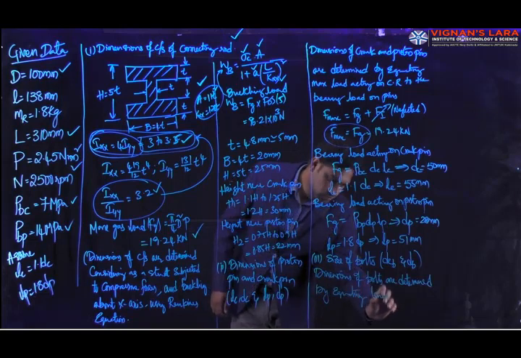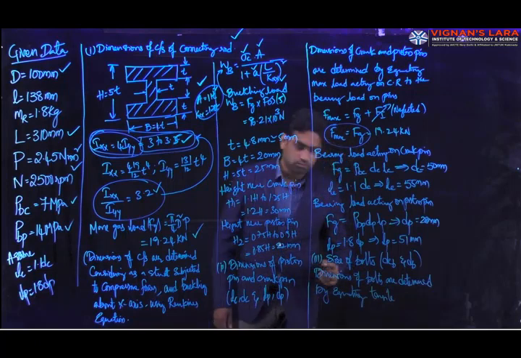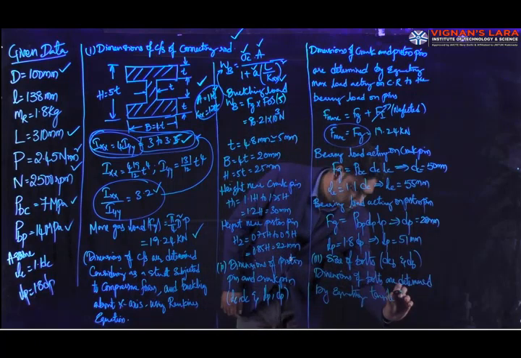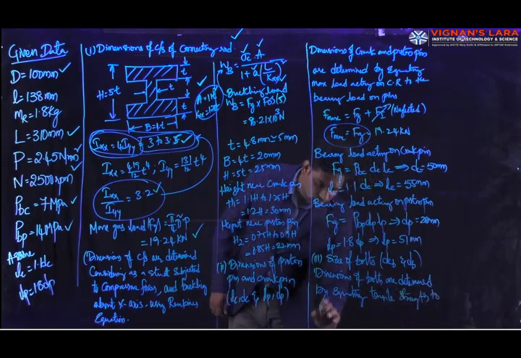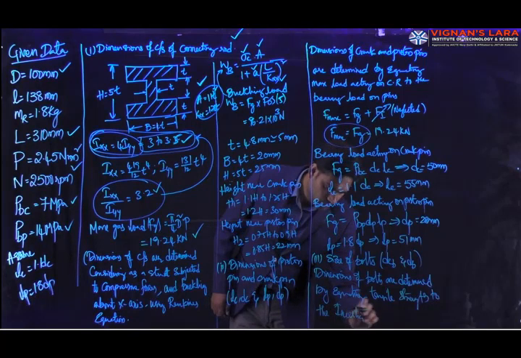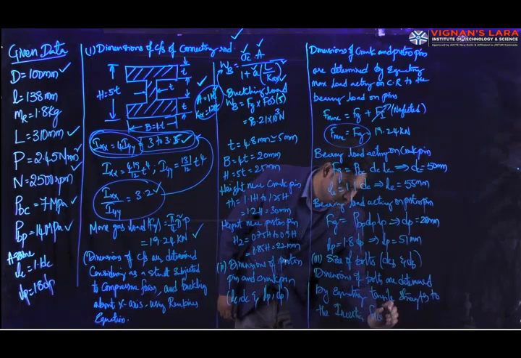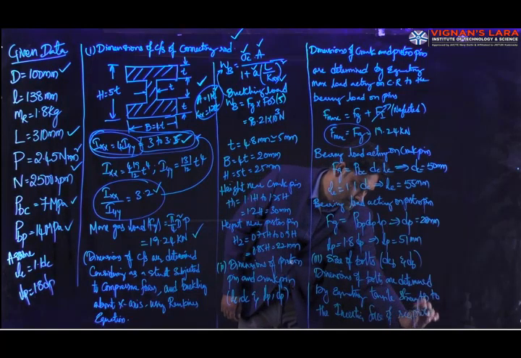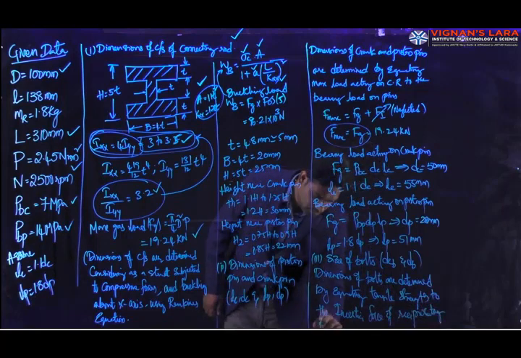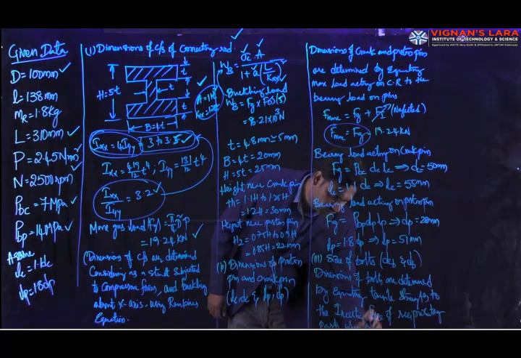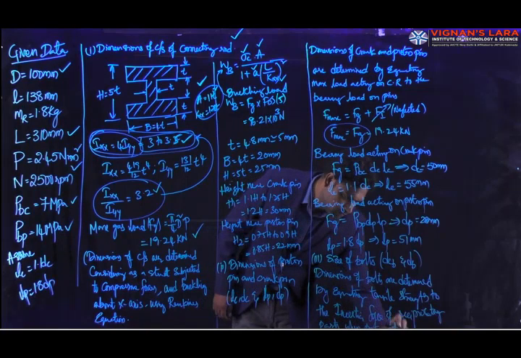the tensile strength of bolts. Here the bolts are subjected to tensile force. So we can equate the tensile strength of all bolts to the inertia force of reciprocating parts when the piston is at TDC.